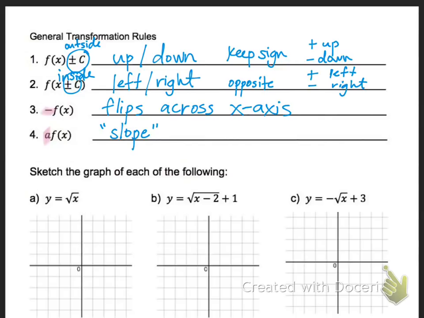So you go up or down that unit, that number, and over 1. So let's look at taking our parent functions and now applying those transformations to them. So A, B, and C: parent function, y equals the square root of x.